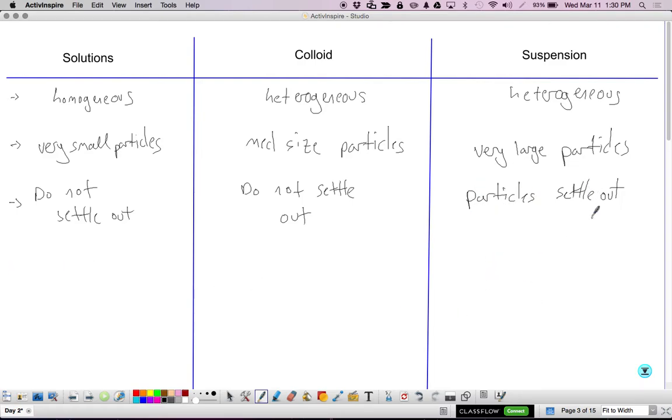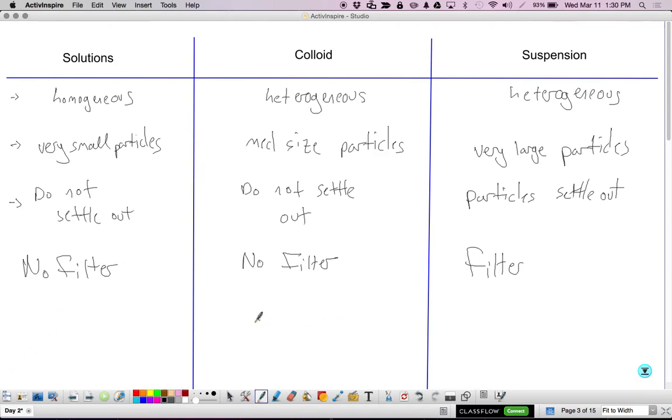Because the particles are so large in a suspension, you can also filter them. Whereas with these other ones, the particles are so small that they'll just go right through a filter.